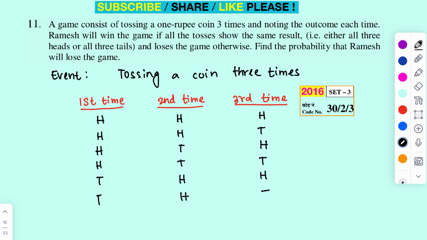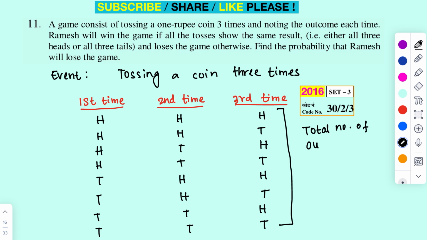For T we will get HT again. TH and TTT. And so there are a total of 8 outcomes. So total outcomes is equal to 8.